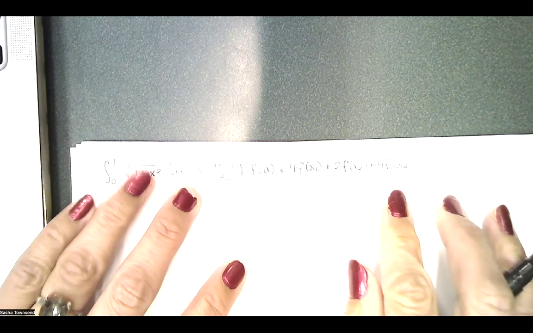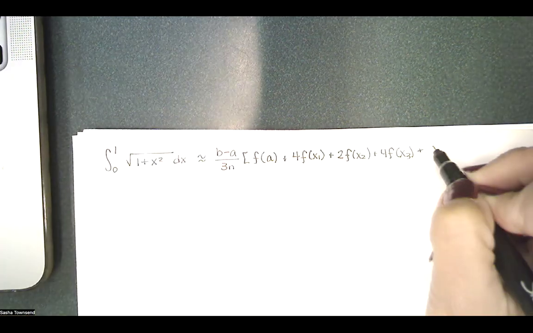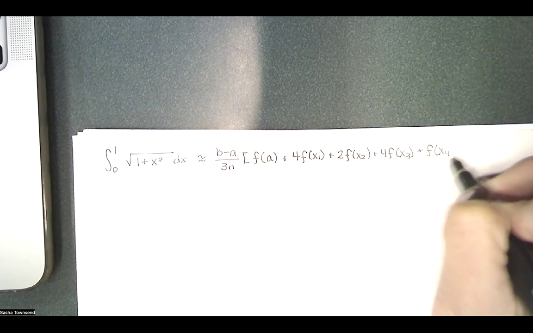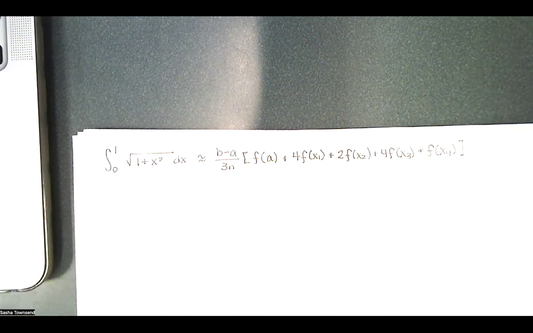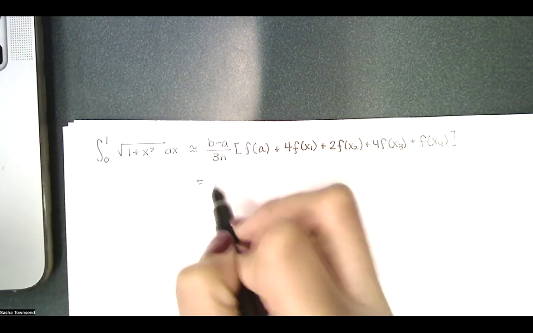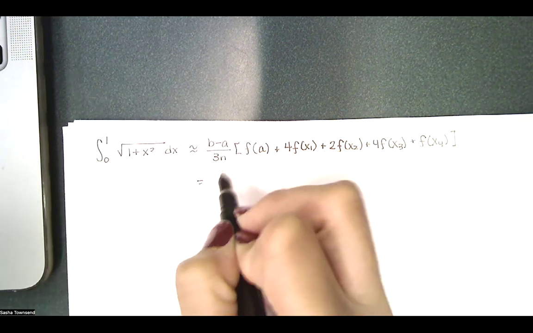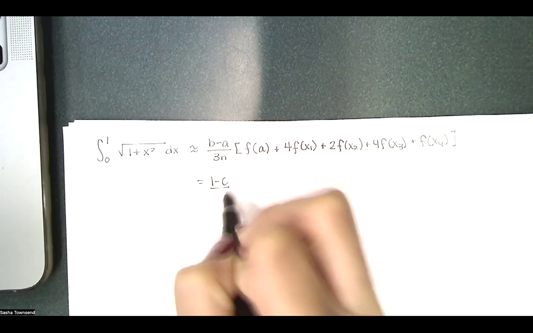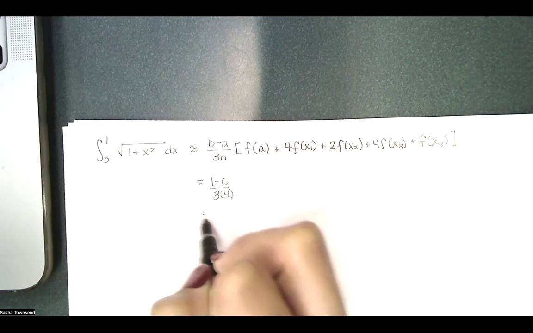And then since there are only 4 subintervals for us, we'll just have the last value, that's f at x sub 4. In our case, b is 1, a is 0, and n is 4. So we're going to have 1 minus 0 divided by 3 times 4, which is going to give us a 1/12 out front.